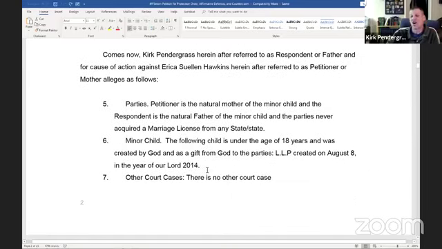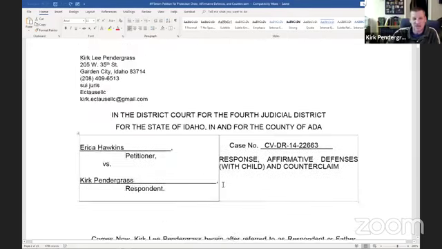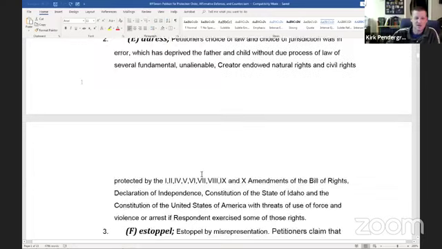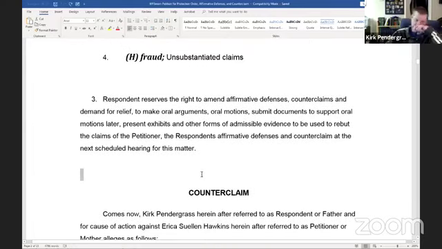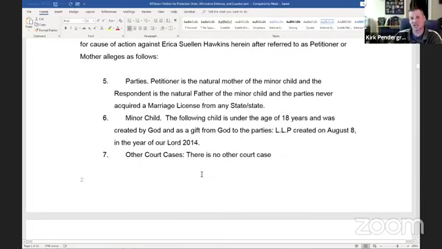You can even go far and say, I'm denying all of this, which I denied in the very beginning, right? Number one, respondent denies all allegations of the amended petition pursuant to blah. Okay? So I'm denying all of it, which means she's got to prove everything, which she can't. She didn't. She failed.